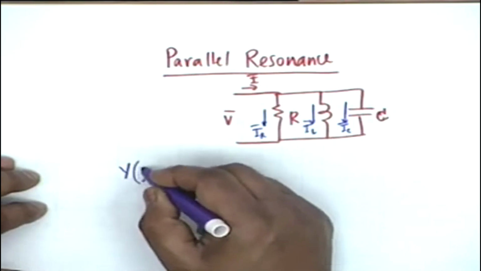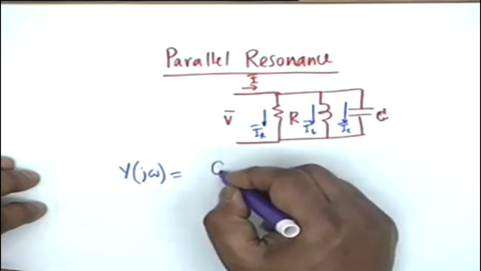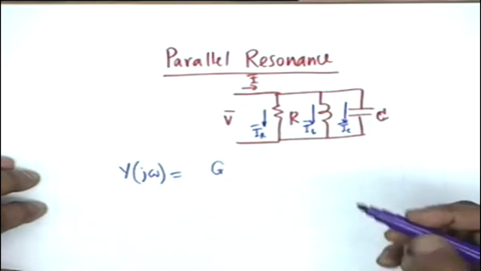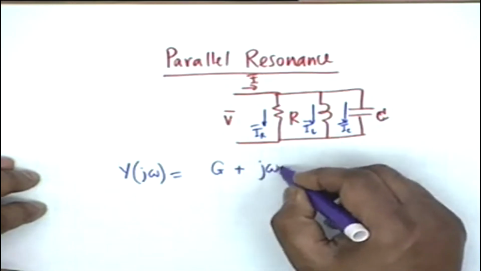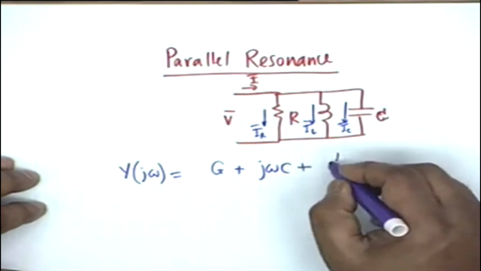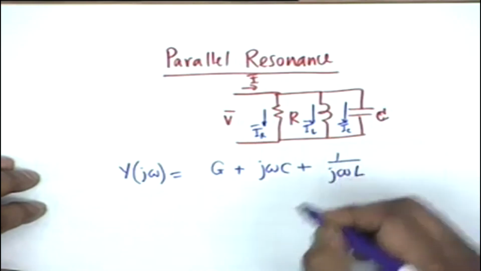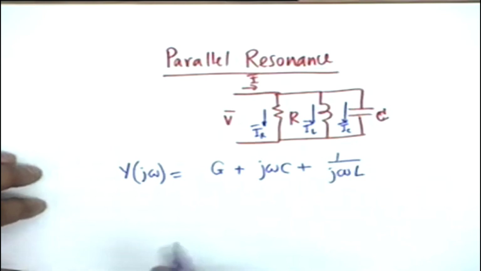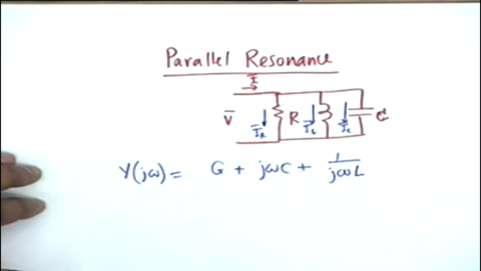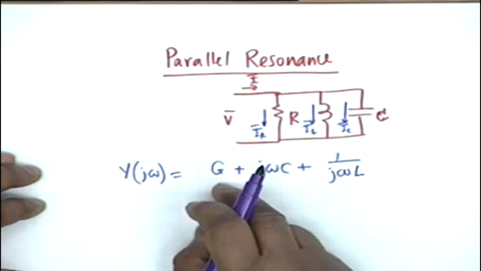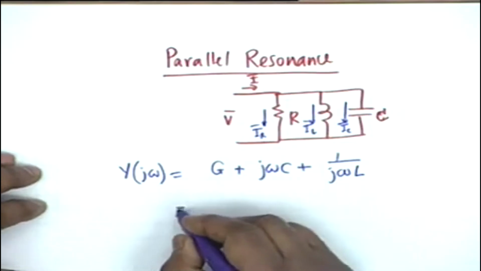All right. So y of j omega, as you can see, is G is 1 by R, plus the admittance of the capacitor is j omega C, and the admittance of the inductor is 1 by j omega L, and therefore L and C interchange their roles, and G takes the part of resistance in a series resonance circuit.